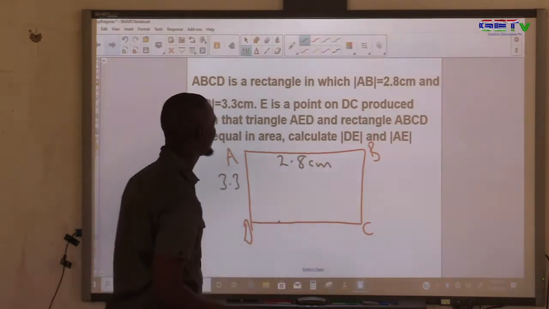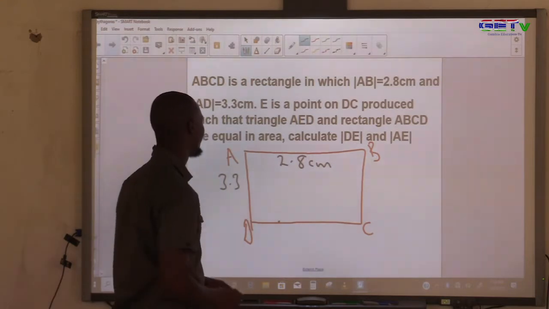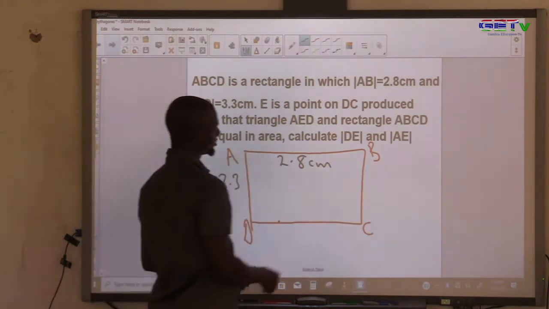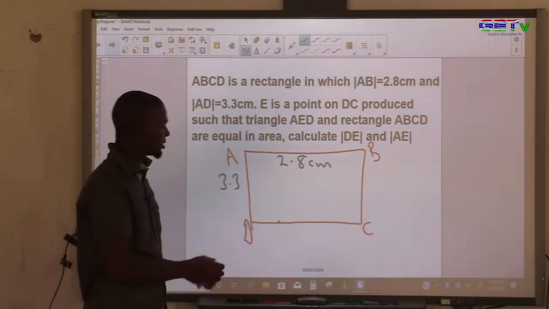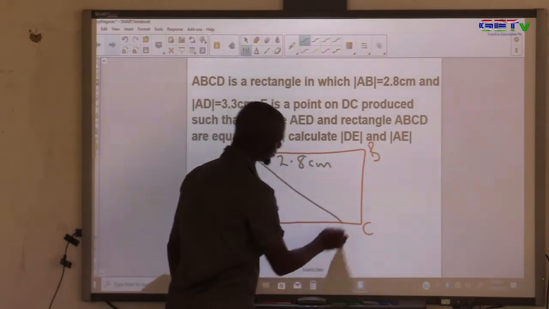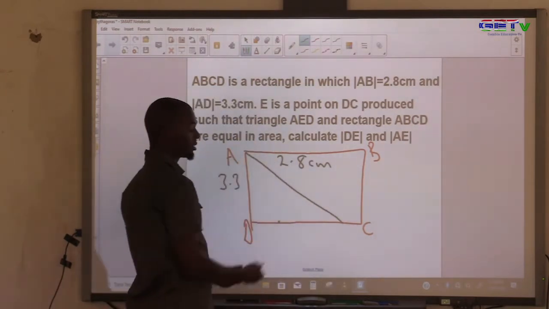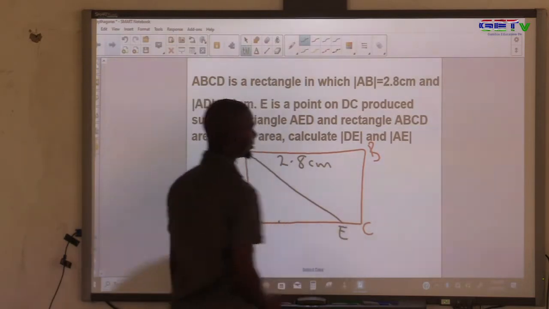We have A here, you'll have E here, then you have D. It's something like this, somewhere around here or anywhere. So this is going to give us our E. It's a point on DC.